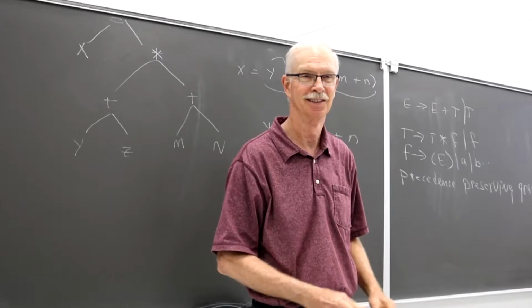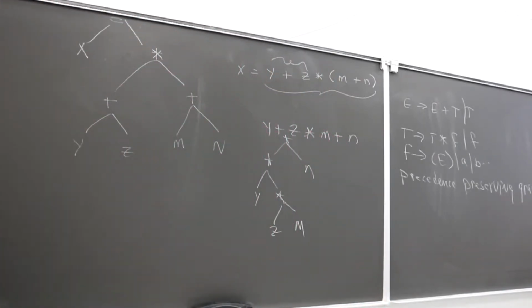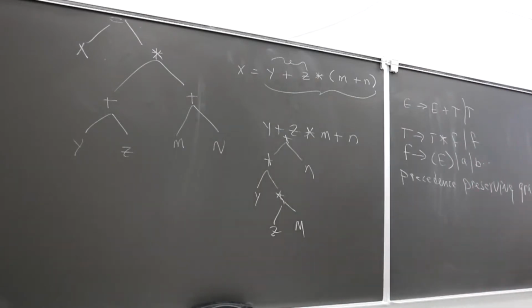Kevin? Yeah, sir. Doesn't addition have the higher precedence? Well, multiply has higher precedence than add. Multiply and divide, and add and subtract, from higher to lower. Wait a second, I think I got confused there. Brendan? So the first thing it does is add m and n, because that's in parentheses.